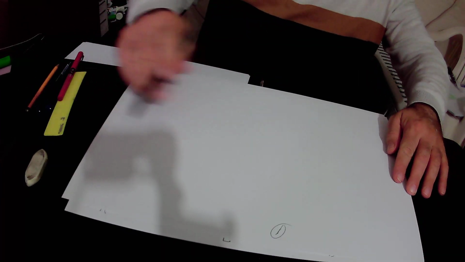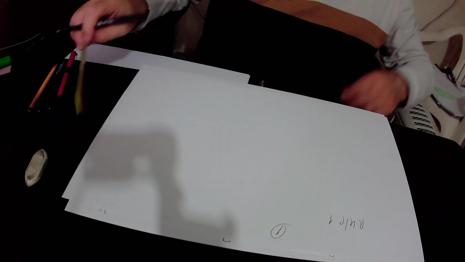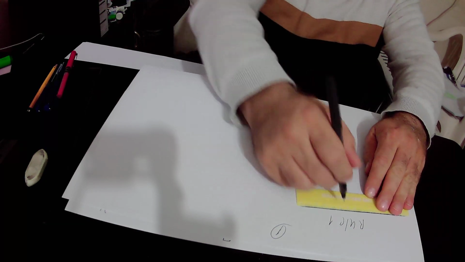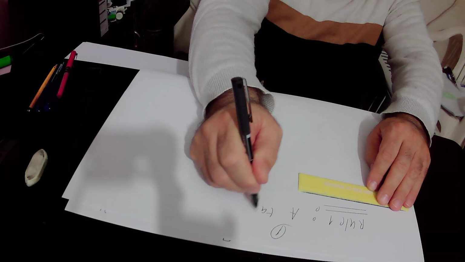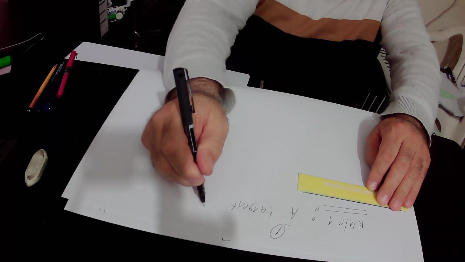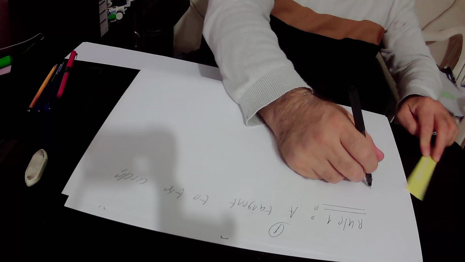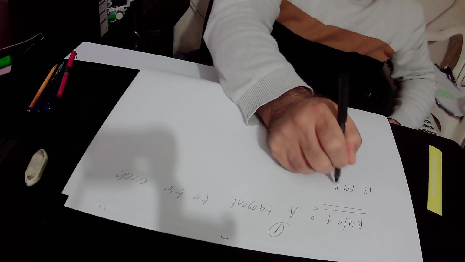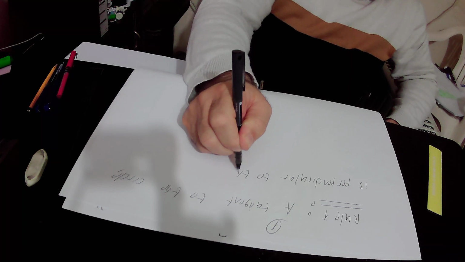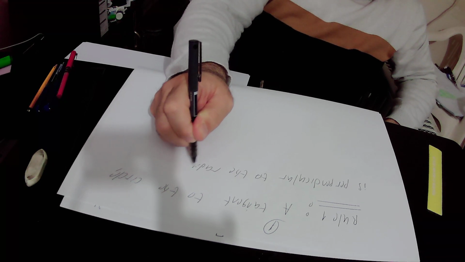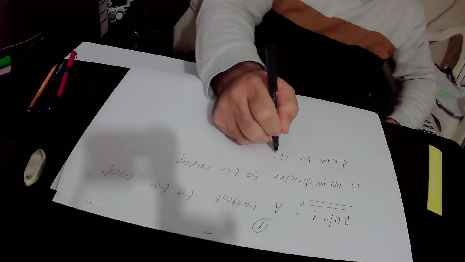According to rule number 1, a tangent to the circle is perpendicular to the radius drawn to its point of tangency.